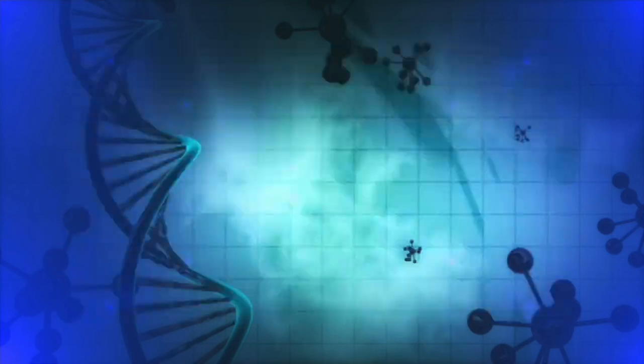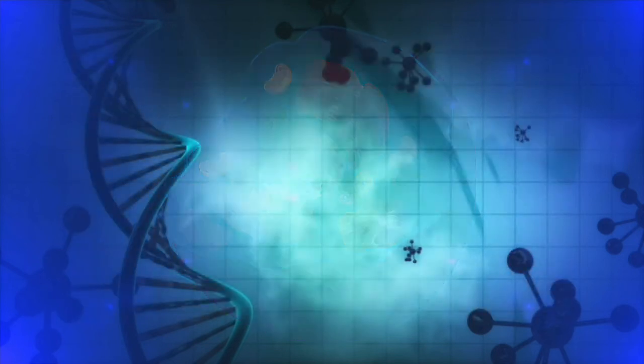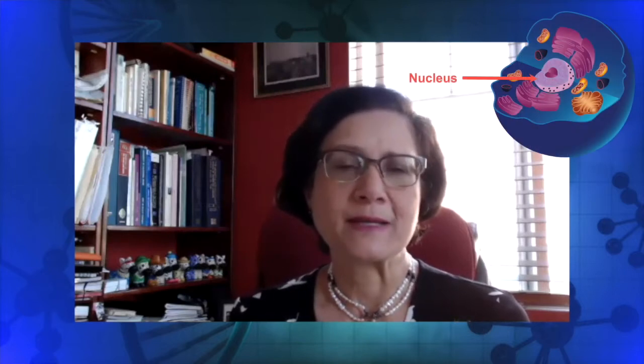So first of all, it's important to know the basic structure of a cell. So a cell is made up of a nucleus and the cytoplasm surrounding the nucleus. And within the nucleus are 46 chromosomes.